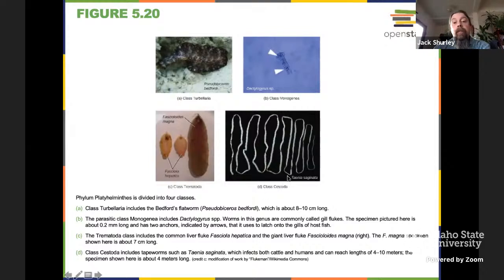So as we think of these things, like the Taenia saginata here, we get infected with that by consuming beef that is raw or very undercooked, that allows the cyst within the musculature of that animal to not be destroyed.